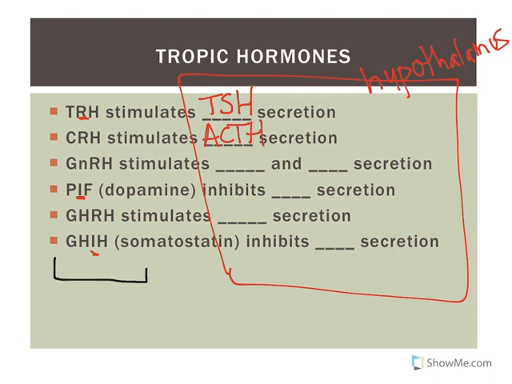GnRH is gonadotropin releasing hormone. It's important that the n is lowercase and not capitalized. So gonadotropin releasing hormone stimulates the secretion of two hormones that we refer to as gonadotropins. Now those two hormones are FSH, follicle stimulating hormone, and LH, which is luteinizing hormone. These two hormones target the gonads. So the gonads are the testes in the male and the ovaries in the female.